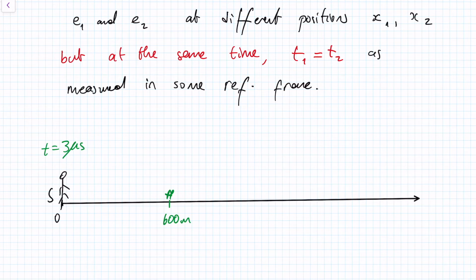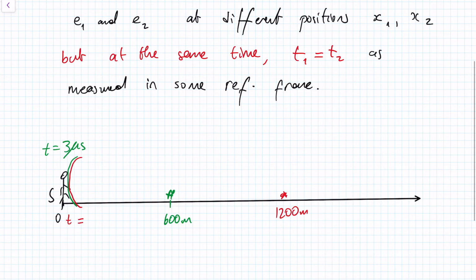The light wave reaches this person at t equal to 3 microseconds. The same person sees another explosion, which is 1200 meters away, and the light reaches this person at t equal to 5 microseconds.